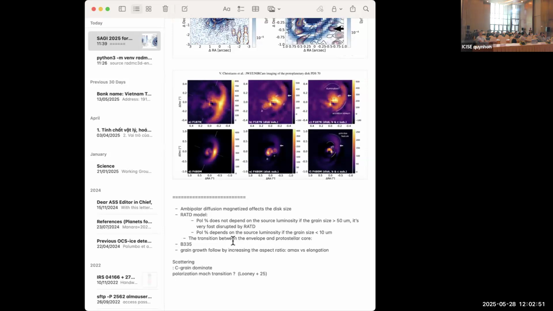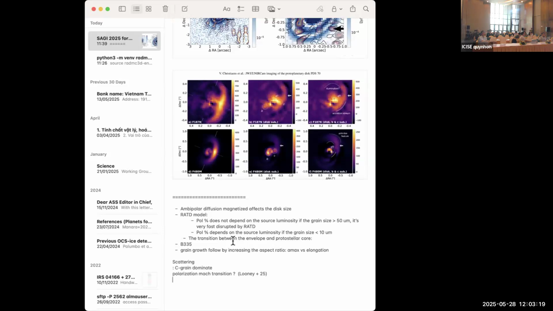In their paper, they mask a region that is like 300 AU from the young stellar objects. Within that radius, you should be cautious. Even within that radius, the polarization pattern is complicated, and may or may not be affected by scattering. But in their diagnostics, I think they removed that part.